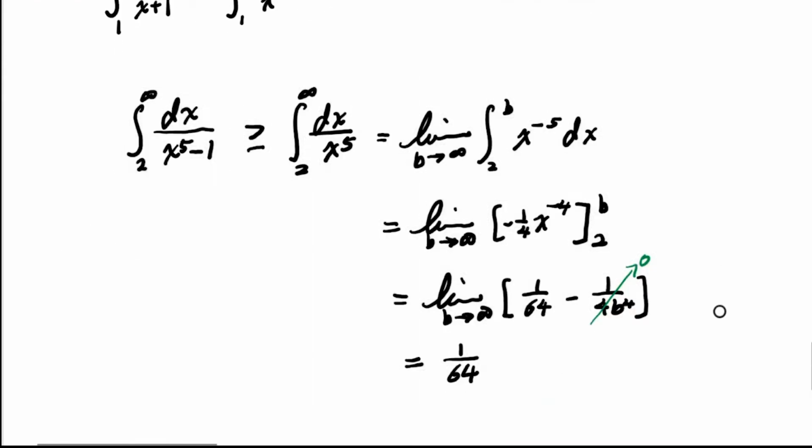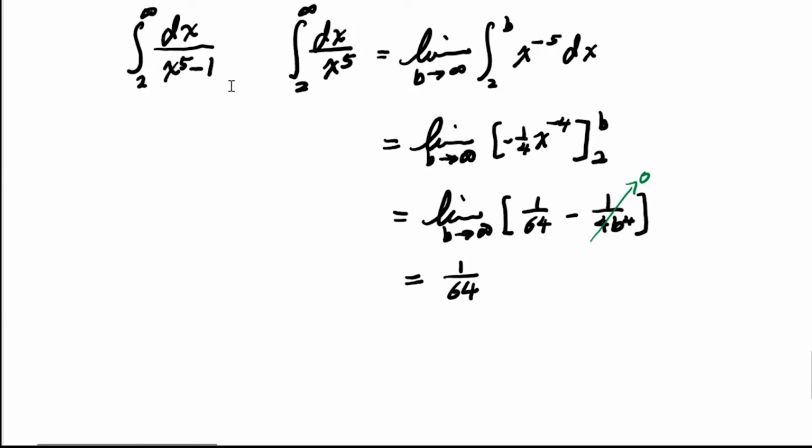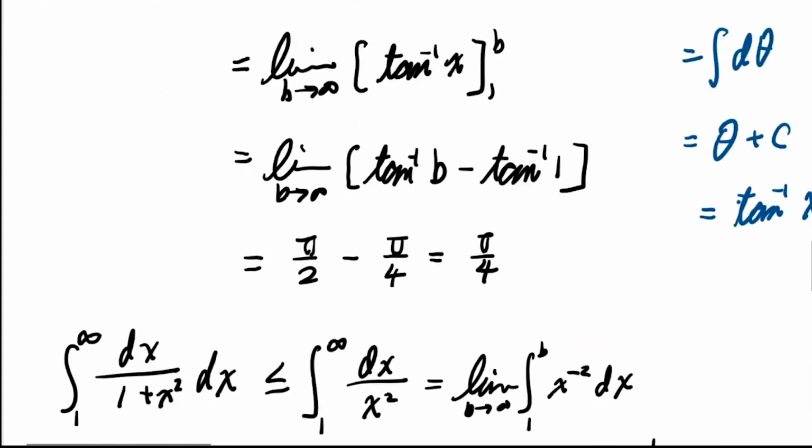Okay, so we cannot make that conclusion, but this is a valuable work we have done. You know what I'm saying? So once that happens, we do what's called the limit comparison test. And let me show you what the limit comparison test looks like.